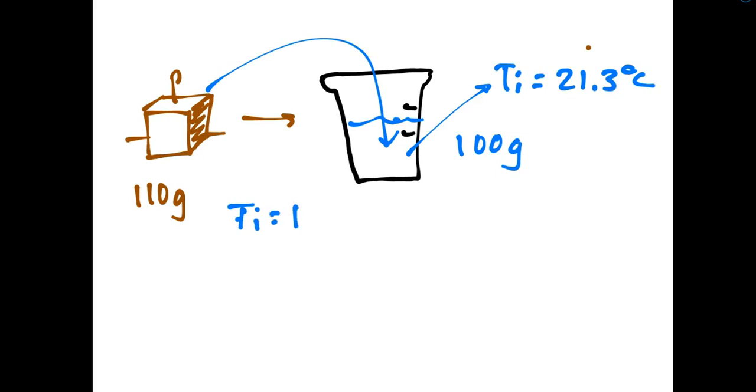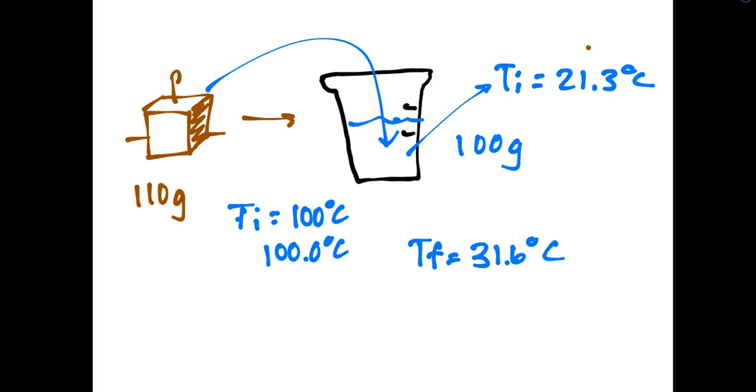Let's say it did reach 100 degrees Celsius. When you put the metal in there, the final temperature of the mixture is, let's say, 31.6 degrees Celsius. Okay? So basically the water went up and the metal went down. And this is where they meet in the middle.